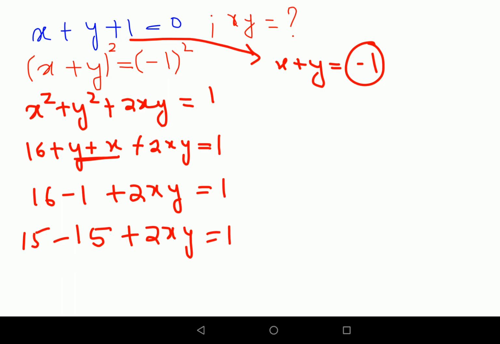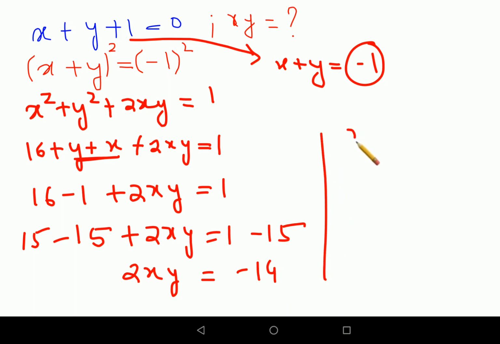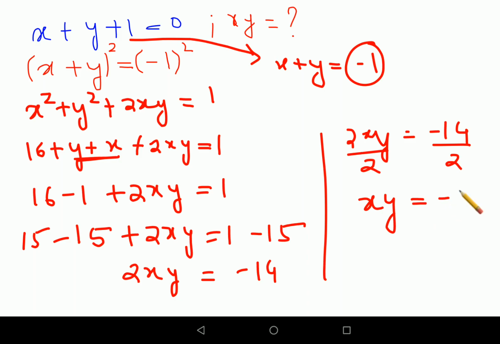Subtracting 15 from both sides, I'll be left with 2xy equals 1 minus 15 gets you minus 14. So now we have 2xy equals minus 14. Dividing both sides by 2 to get your value of xy, that is getting you minus 7.